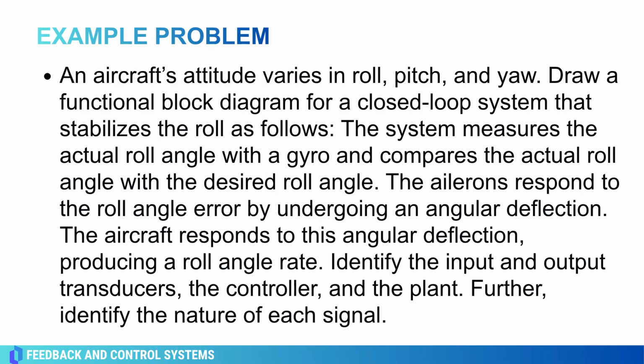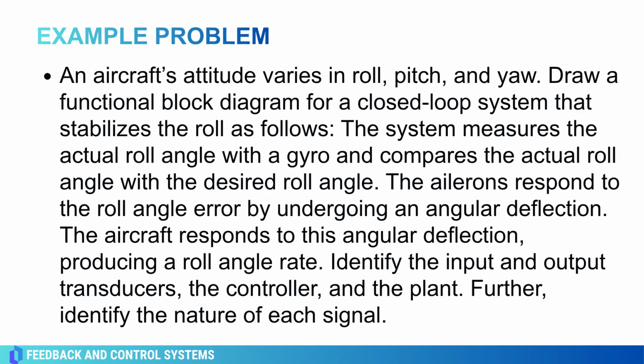Another example problem. An aircraft's attitude varies in roll, pitch, and yaw. Draw a functional block diagram for a closed-loop system that stabilizes the roll as follows. The system measures the actual roll angle with a gyro and compares the actual roll angle with the desired roll angle.